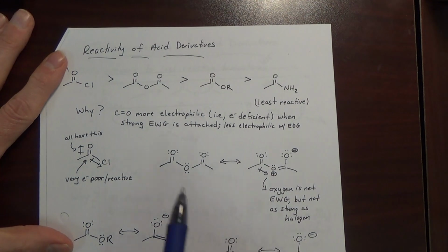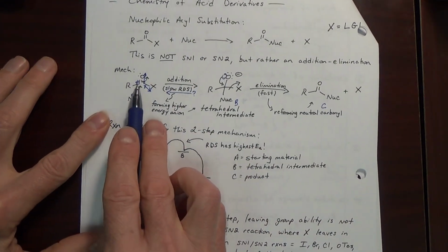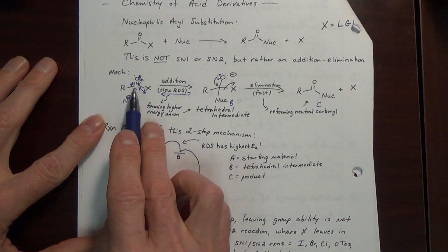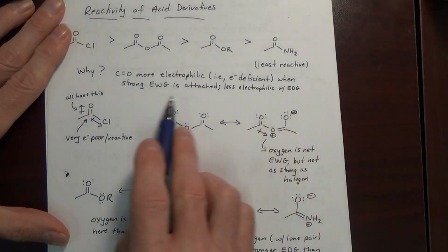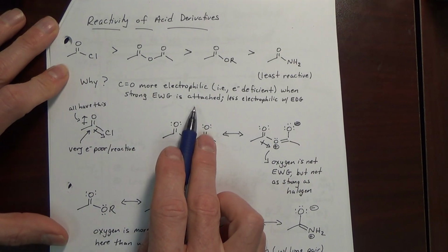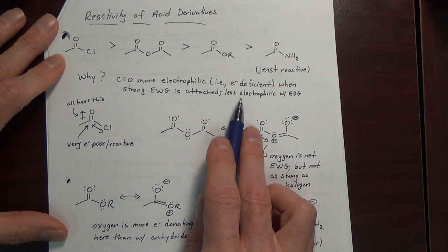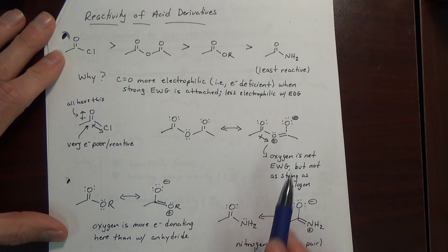Well, ultimately, the carbonyl is more electrophilic, that is, there's more partial positive on the carbonyl, when we have a strong electron withdrawing group attached. It's going to be less electrophilic when we have an electron donating group attached.